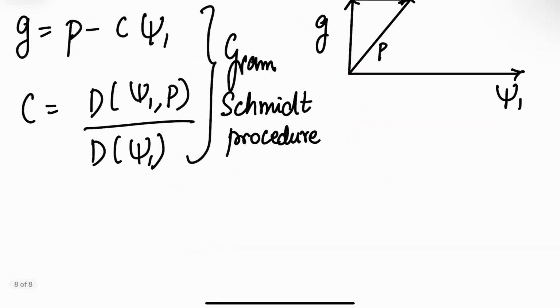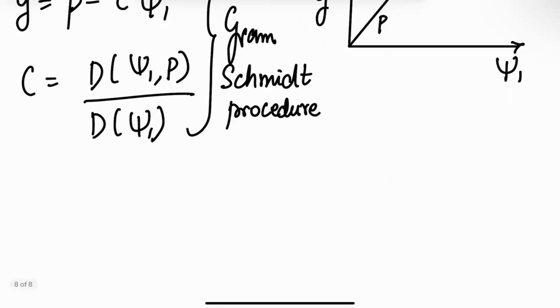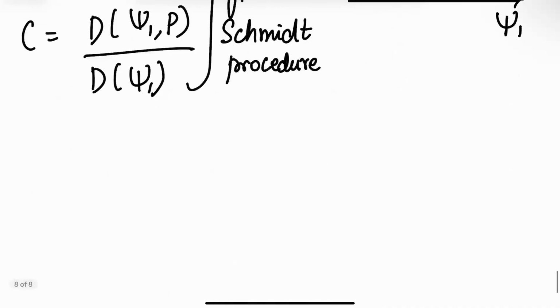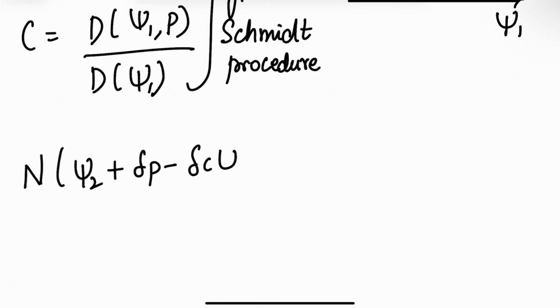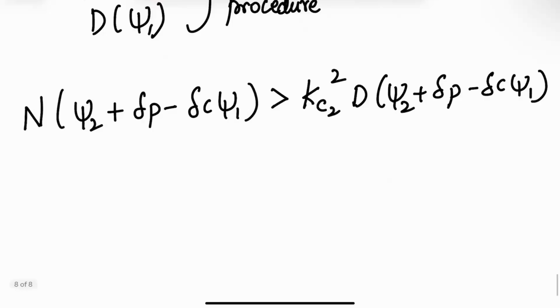Okay, moving on. Now that I have all of these relationships, I can replace G here with P minus C psi 1. I have N of psi 2 plus delta P minus delta C psi 1 is greater than Kc2 square D of psi 2 plus delta P minus delta C psi 1. Okay. Now I go through the same procedure as I did before.